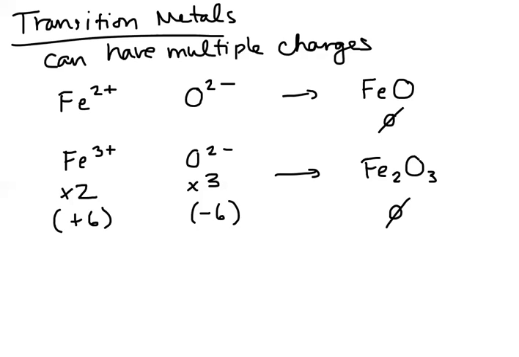In the second compound, I have 3 O2-, so that means I have a -6 charge, and then the irons have to form a +6 charge, which means that each of those irons is 3+. So you can identify the charge of that iron based on the compound it formed. These are two different compounds. They have very different characteristics. This is called wustite.